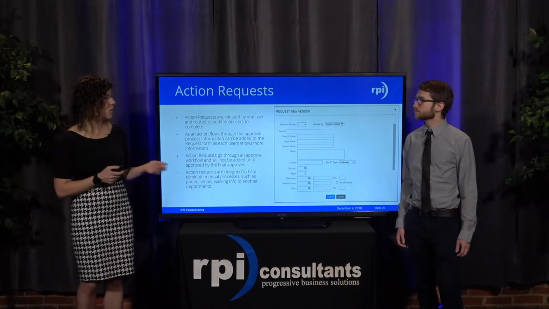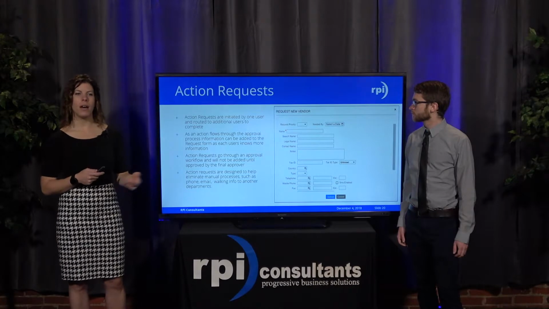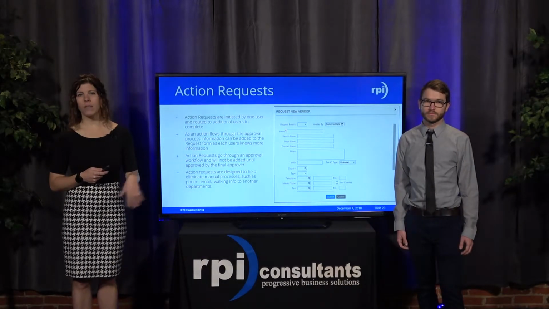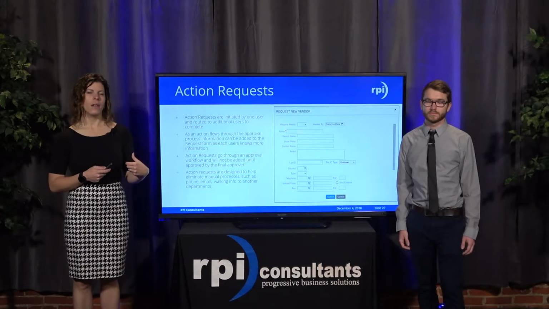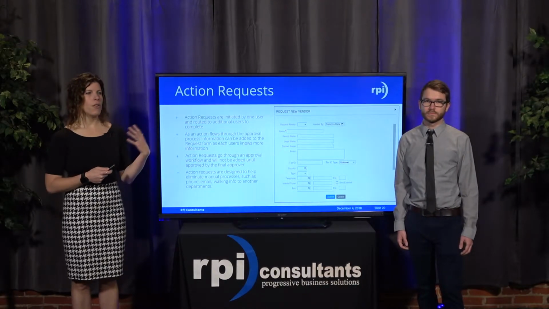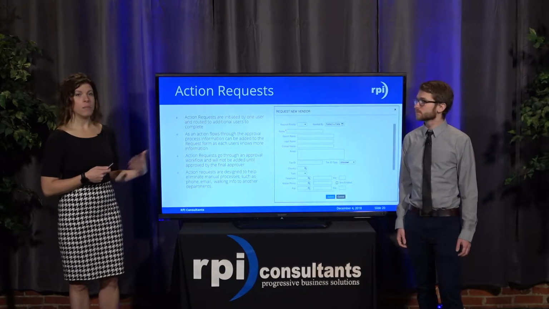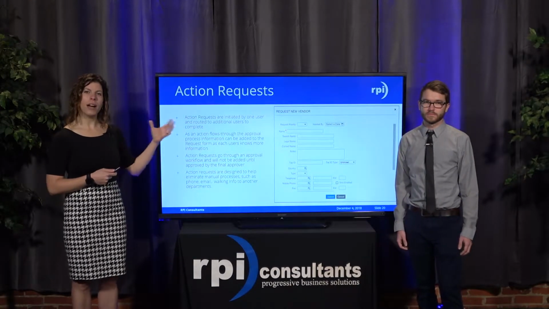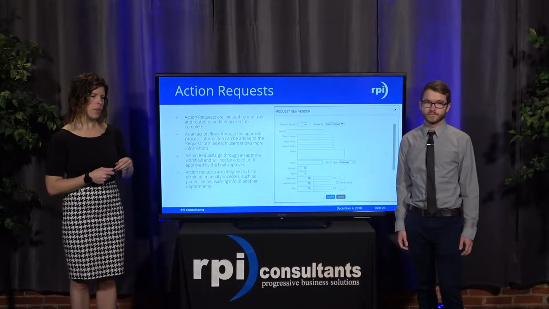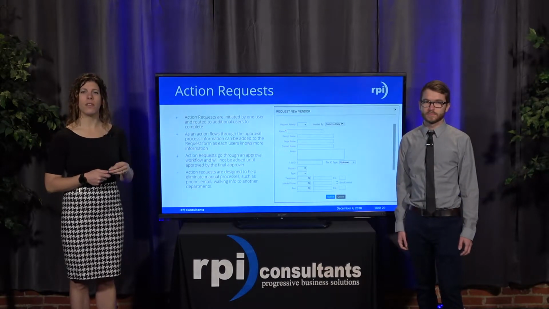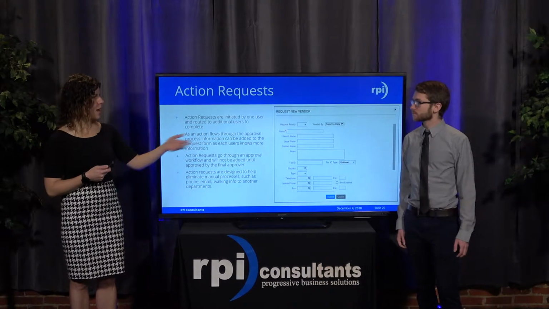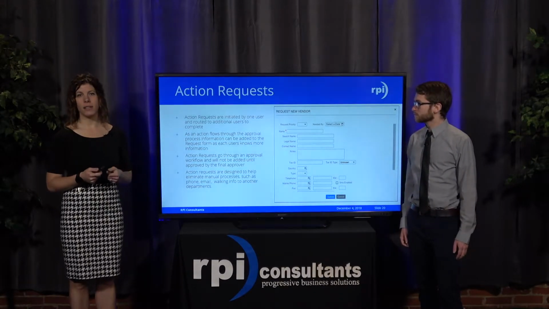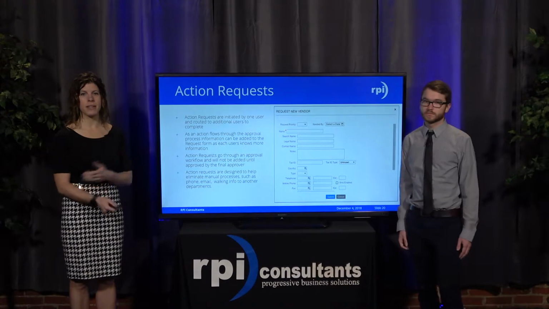For the example of a new vendor, maybe you have some specific attachments that they need to sign off on, or attach the W-9, or add what department, more detail about who the requester is themselves. You can utilize all of what we were talking about earlier with the user fields to make this action request form more detailed and meeting your business needs.